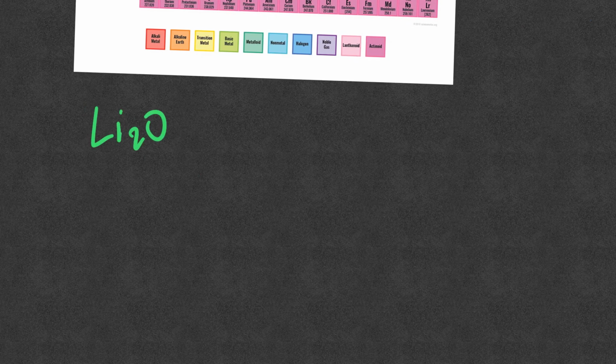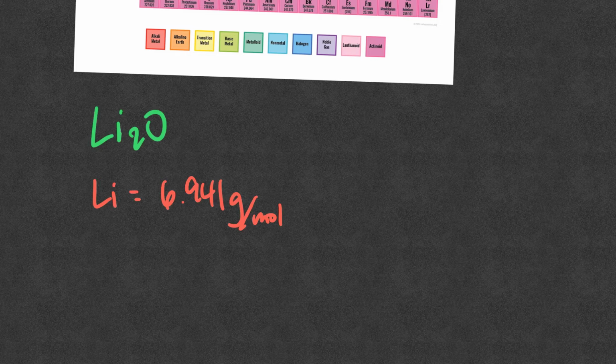Here we have lithium, Li, and we said that its molar mass is 6.941 grams per mole, but if you notice, we've got two of them, so we have to account for the two lithiums. And then oxygen is 15.999.